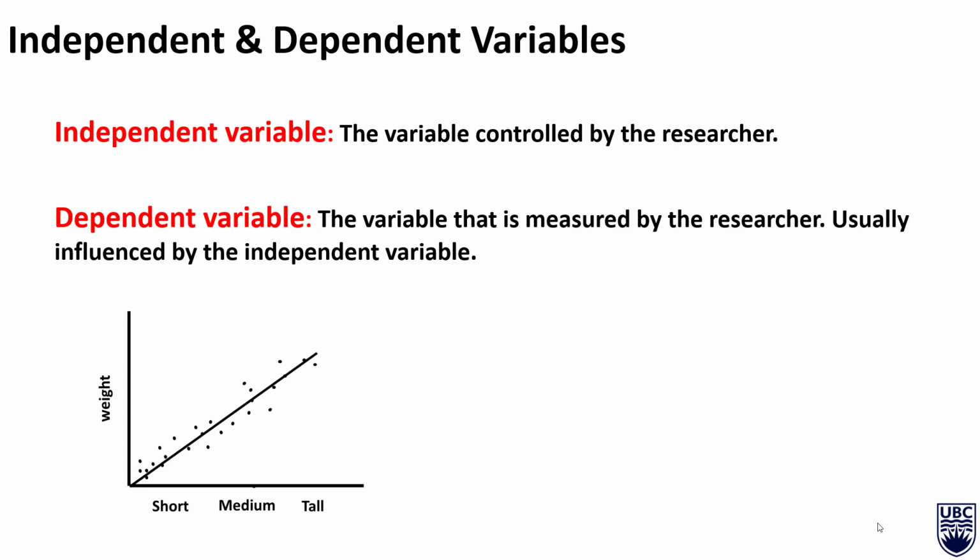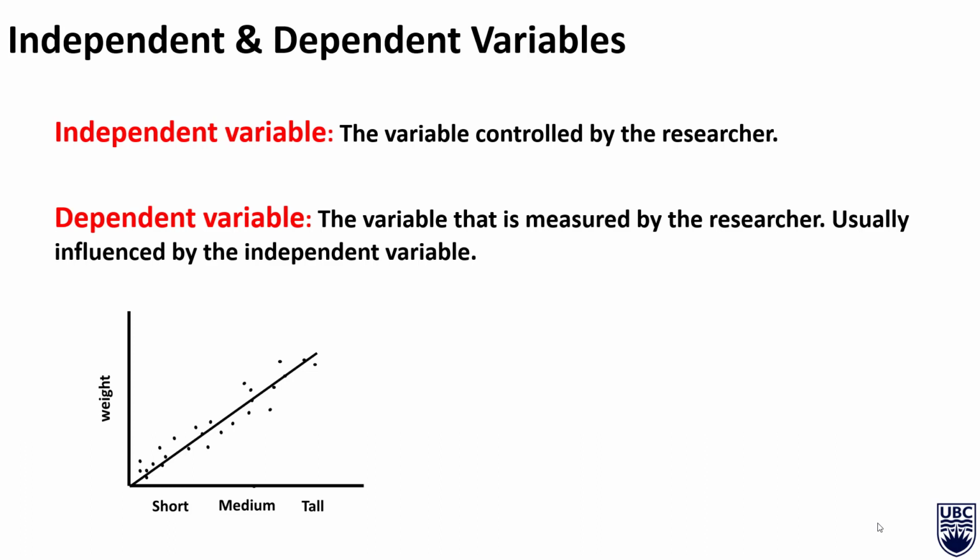So that's our independent variable. And then we see, okay, based on the group that they're in, based on their height, how does weight change? So then we go in and we measure everybody's weight. And depending on their height, their weight is going to be influenced. So the weight is on the y-axis, and that's our dependent variable.